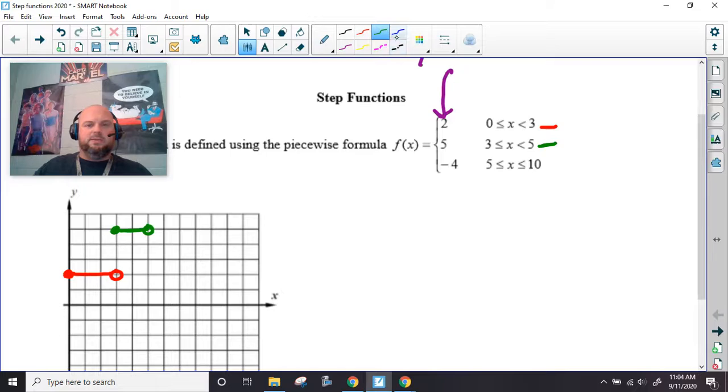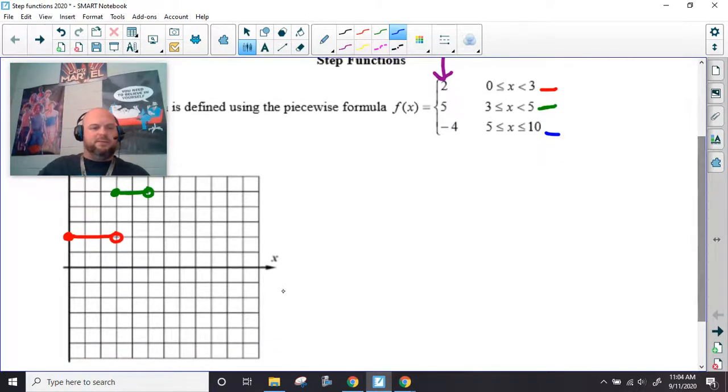And now we go to our last one here, where y is -4. So we go down here to 1, 2, 3, 4. And 1, 2, 3, 4, 5. We have a closed circle here. 6, 7, 8, 9, and 10. Bam! Ta-da!